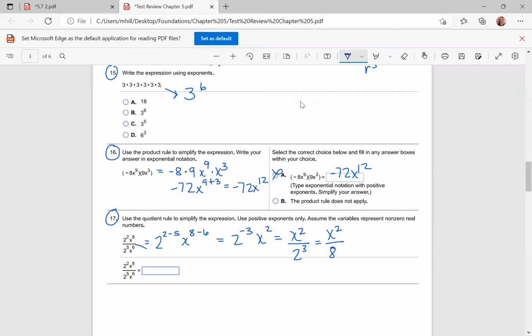Another way to work this problem is to go, well, 2 squared is 2 times 2. X to the 8, I would list 8 x's. Not fun, but it doesn't take too long to do that. And then 2 to the 5th over x to the 6th. Again, not fun, but it doesn't take too long. And then I would cross out anything that had a match.